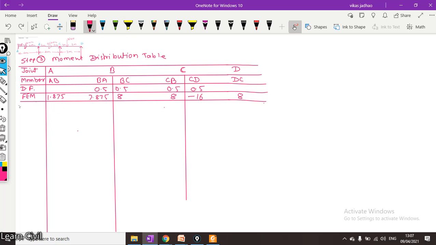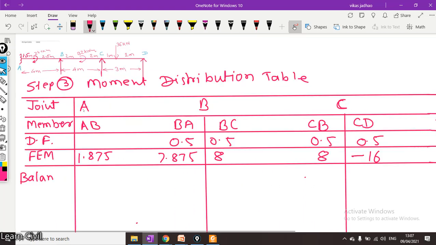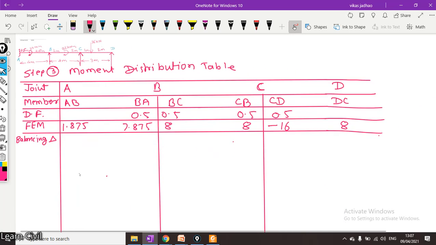So what we will be doing is balancing the hinge or simple support.